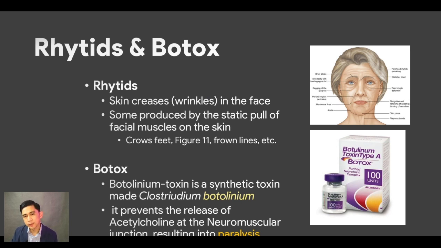That's the principle behind Botox injection. Okay, so there are typical points in the face or muscles in the face that we need to target so that we can relieve the wrinkles.